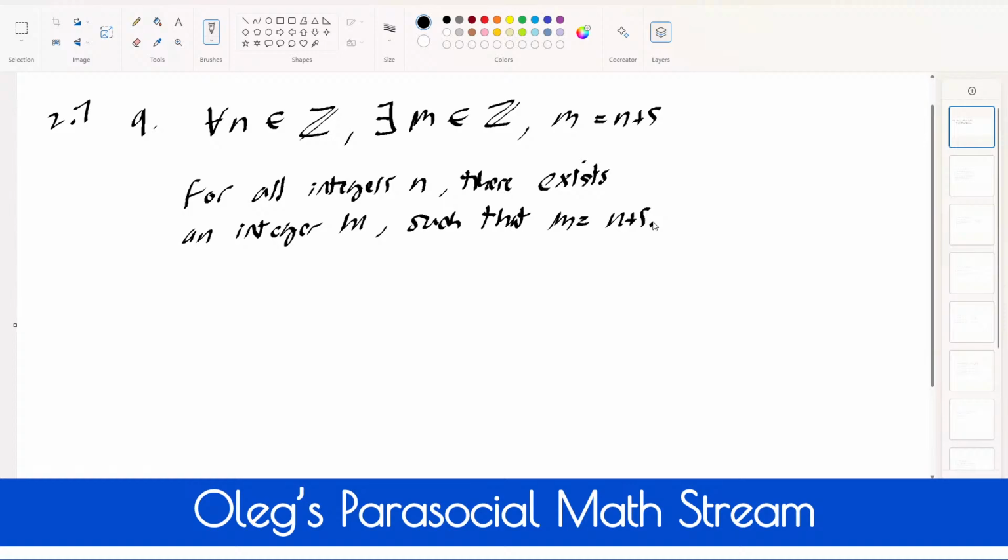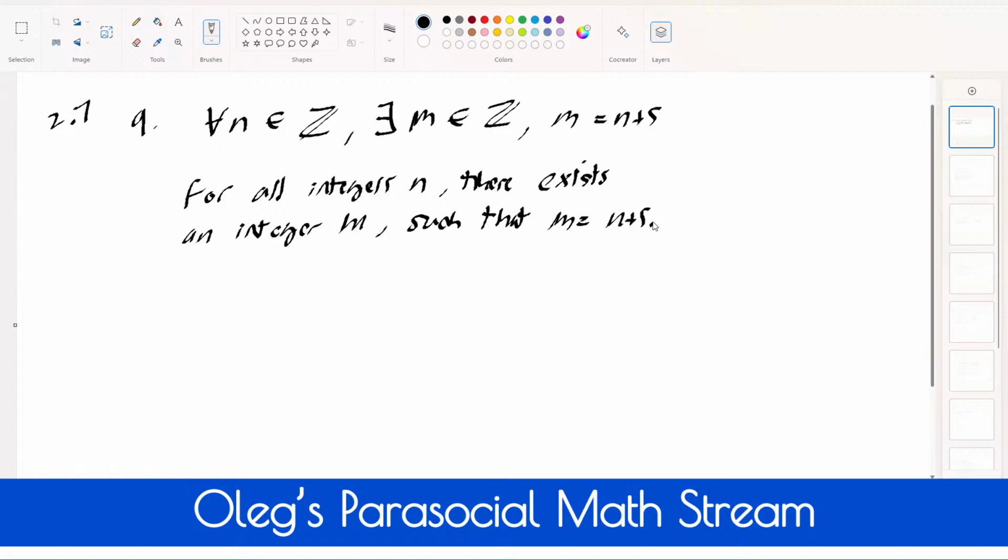And it has to be in the integer set, so it can't be a fraction. But since we're starting with an integer and adding 5 to it, we're not doing anything special. All we're doing is adding 5 to an integer, which gives some other integer.